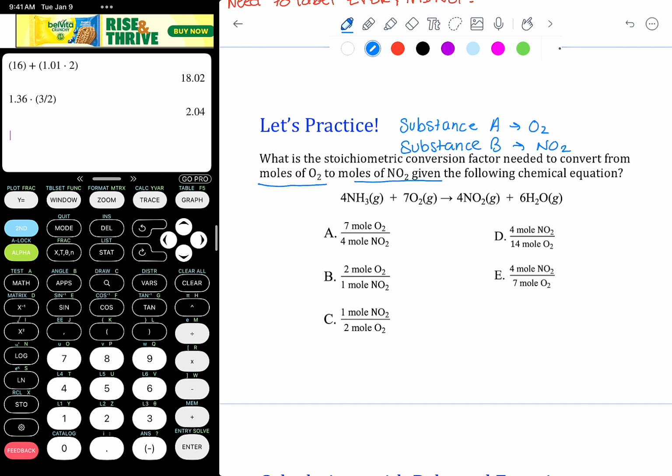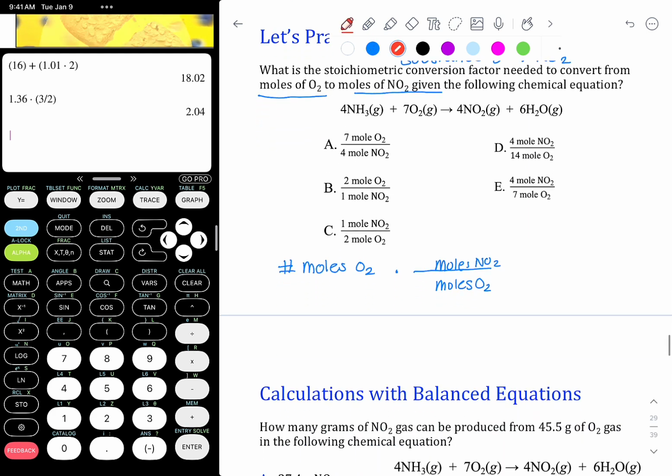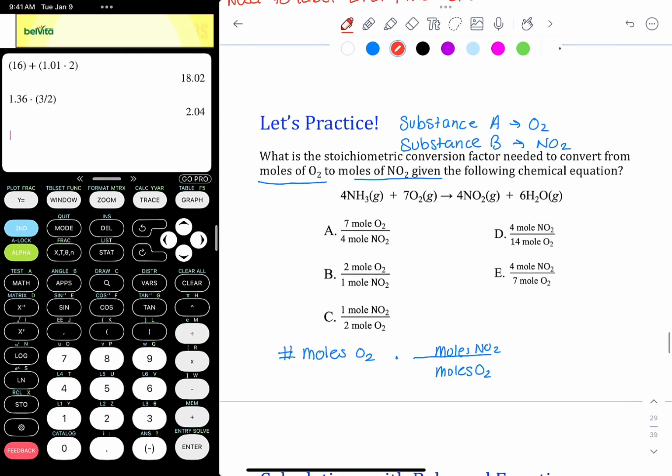Okay, so if I started with moles of O2, let's say I have some number here, and I wanted to set up a conversion factor that would cancel out moles of O2 and I'm left with moles of NO2, well, I would want to have moles of O2 on the bottom and moles of NO2 on the top, so that we can see that moles of O2 cancel and we're left with moles of NO2.